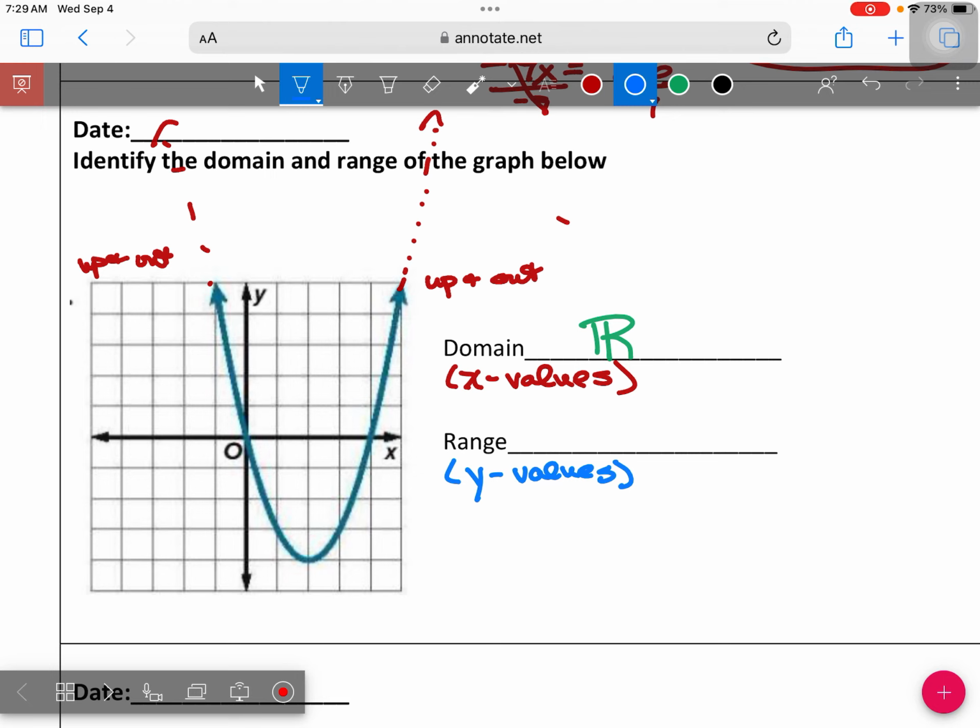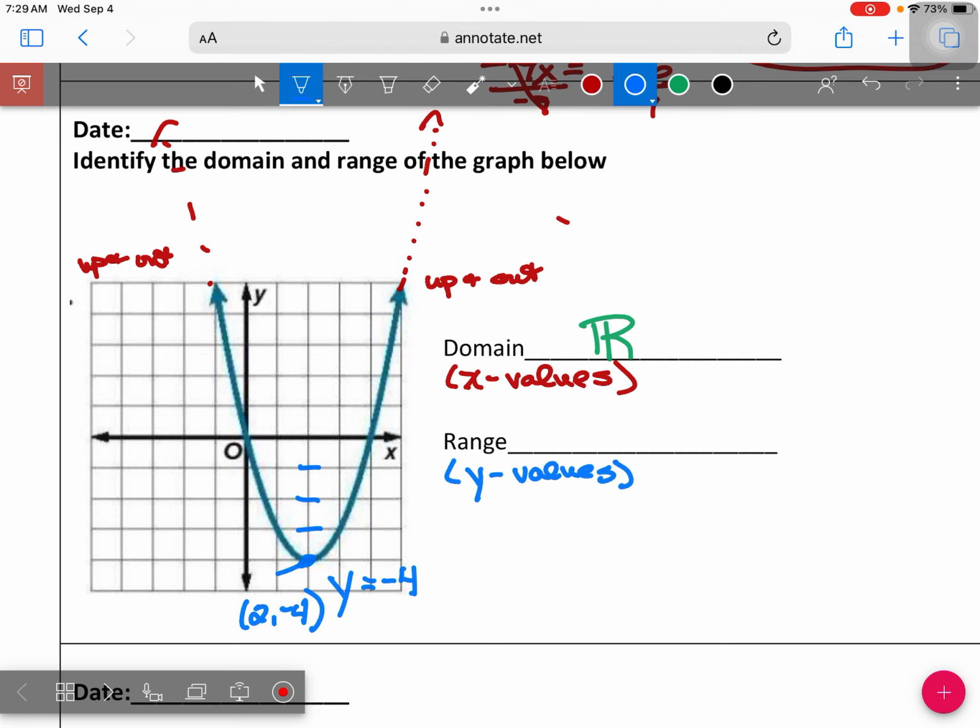Is there a low point? Jeffrey? -4. Yeah, right here. This is the low. There's -1, -2, -3, -4. So this is y equals -4.